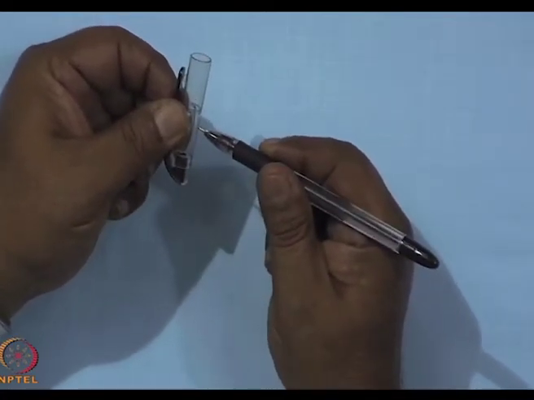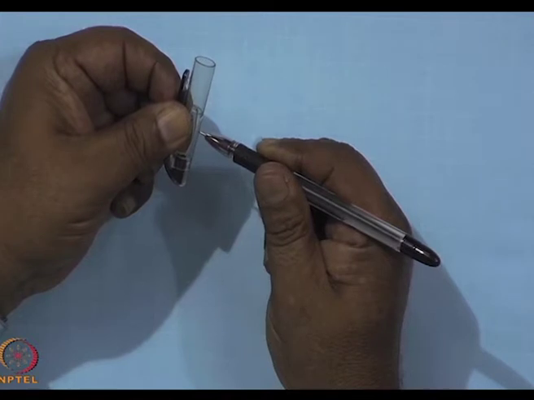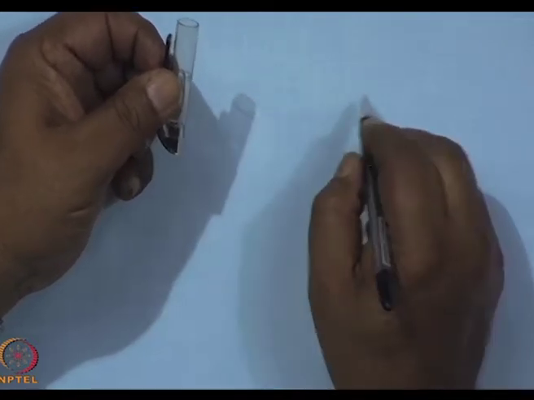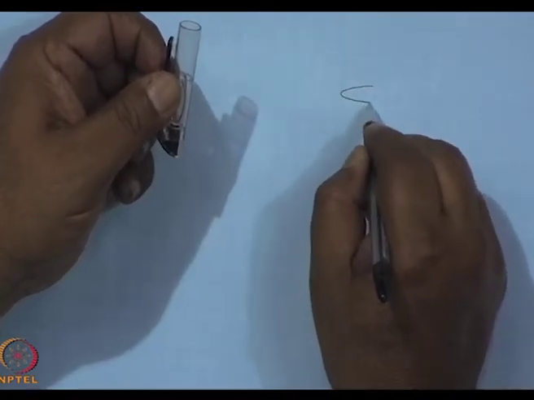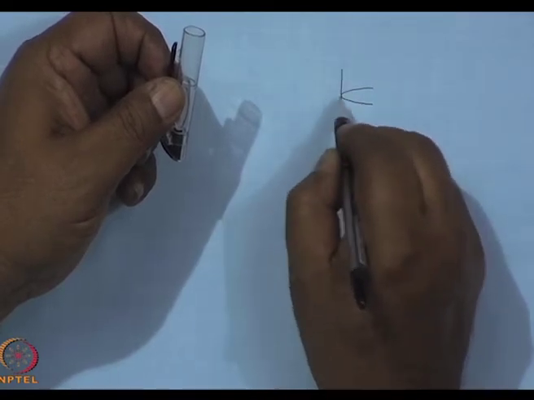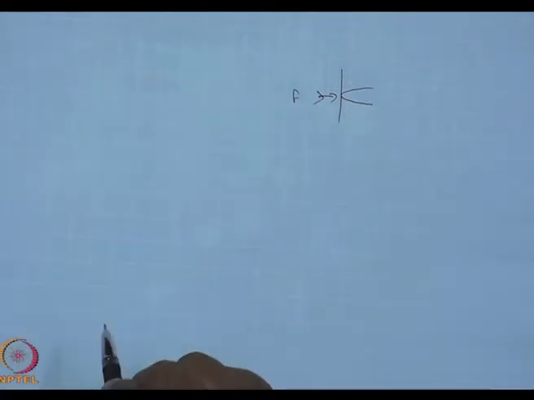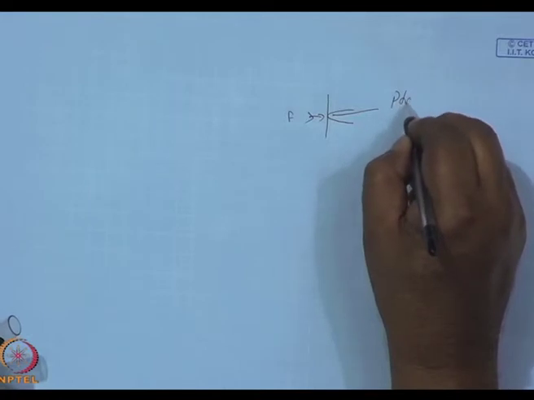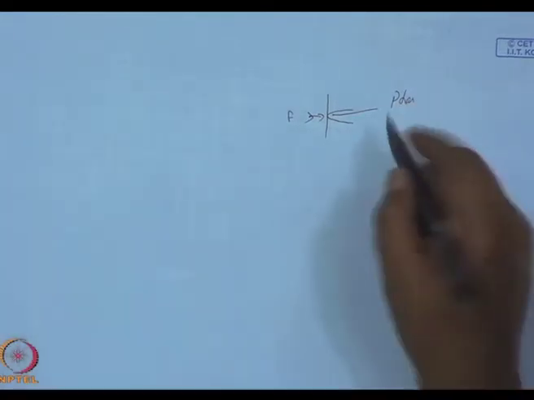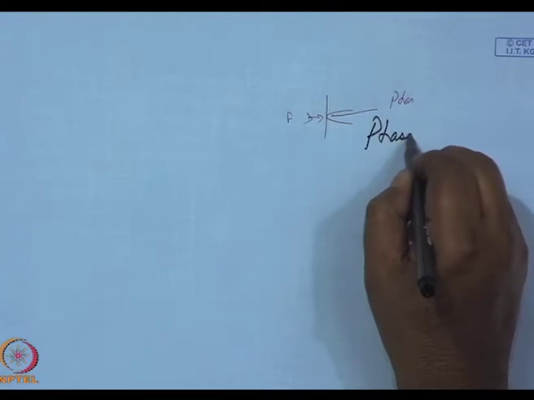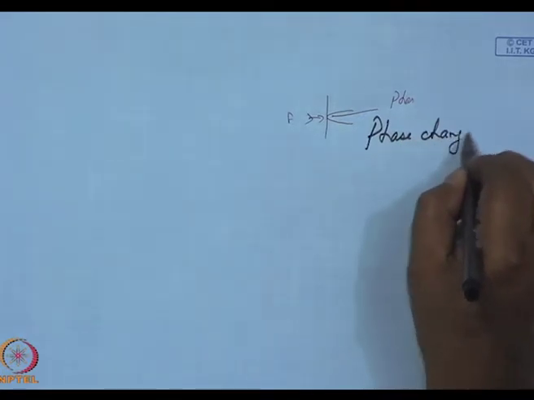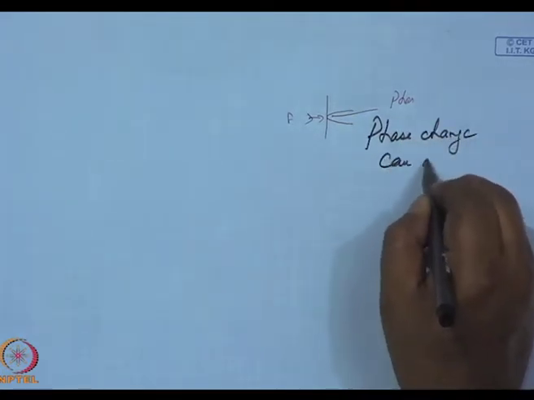Now, at this pressure, what happens is like this: this is the tip, and the force is increasing. Under such conditions, as the force increases, a phase change can occur.